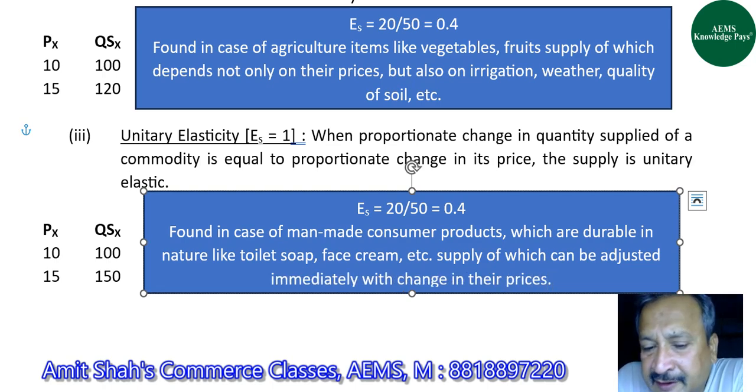These consumer products, that is moving consumer products, FMCG products, do not take much time in production. When their prices go up, their production can be increased immediately and they can be supplied in the market. When their prices fall, they are taken away from the market and put in the warehouse, because they are durable, so they can be kept in the warehouse for long.